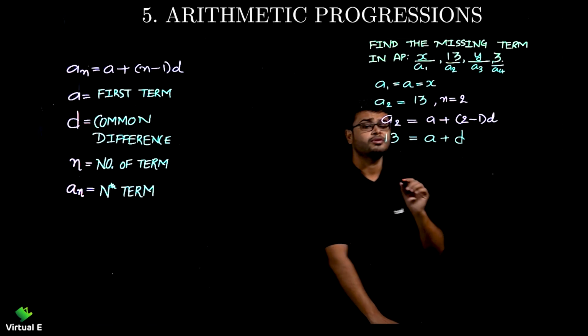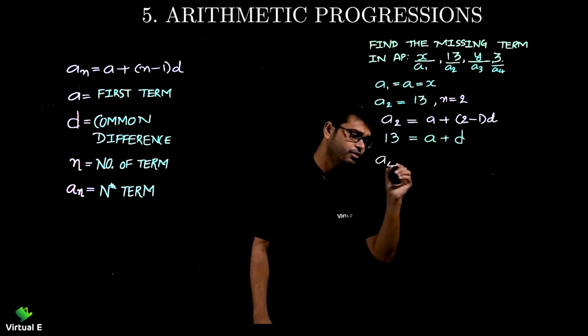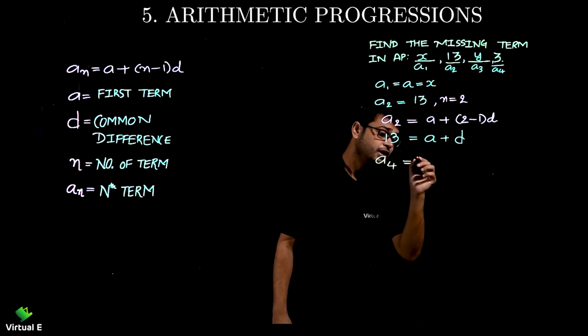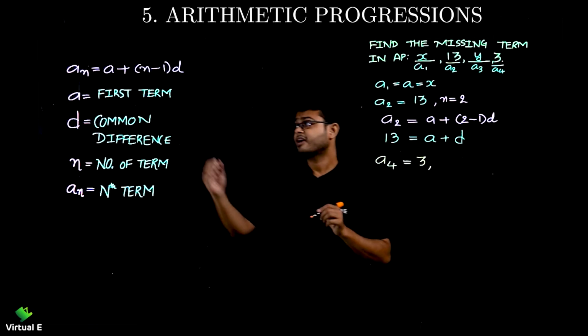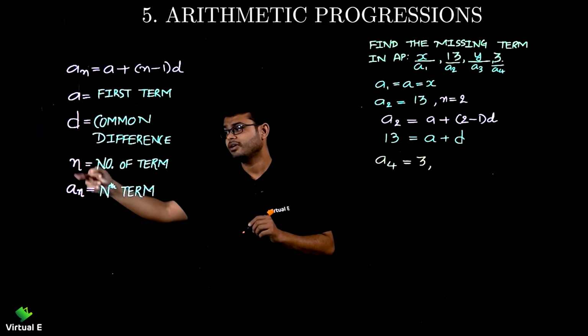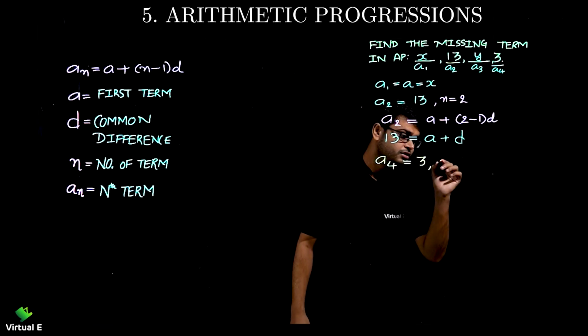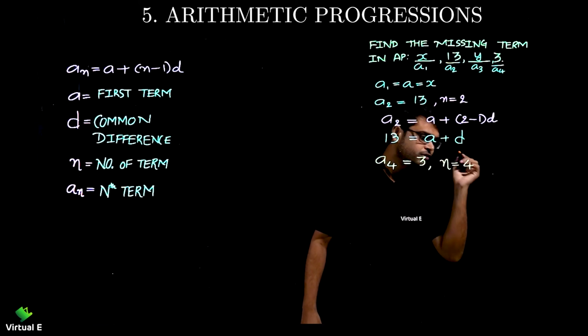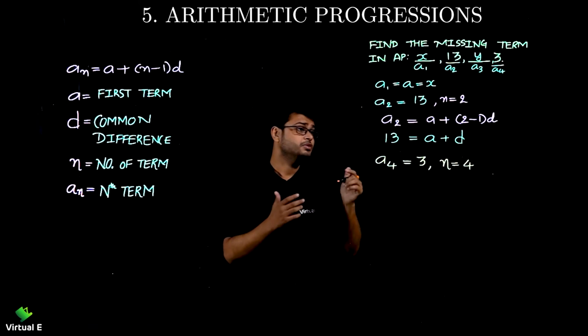We'll get another equation from A4. Let's start. A4 is equal to 3. If I compare with the formula, the value of n is 4. So n is equal to 4. Simple. Let's use the formula.